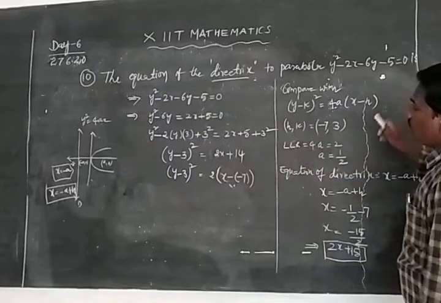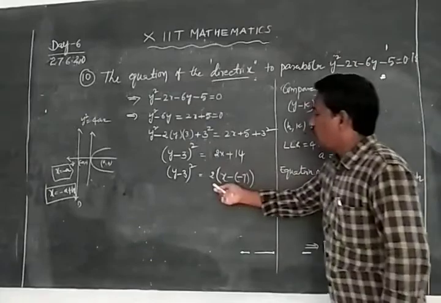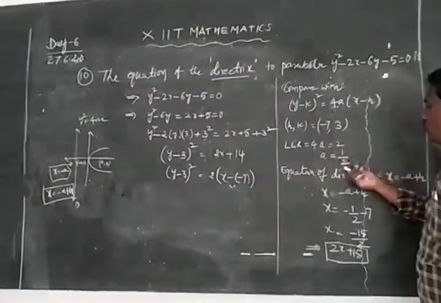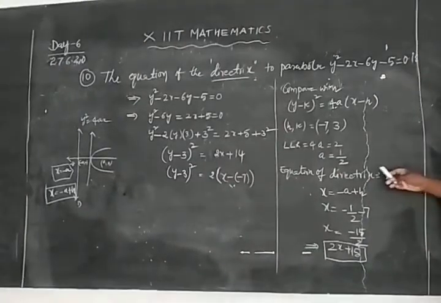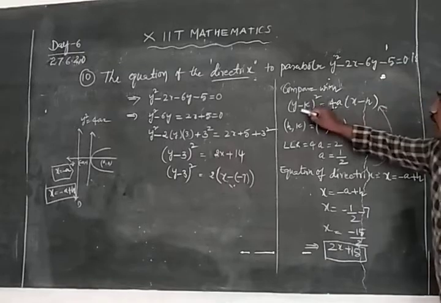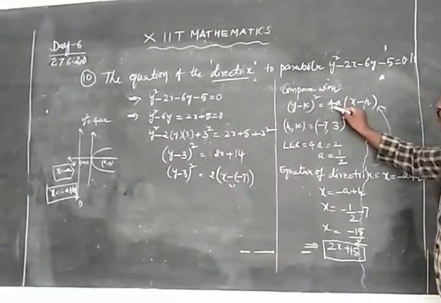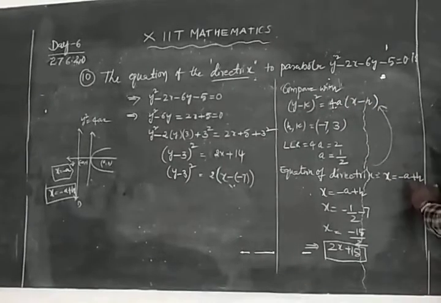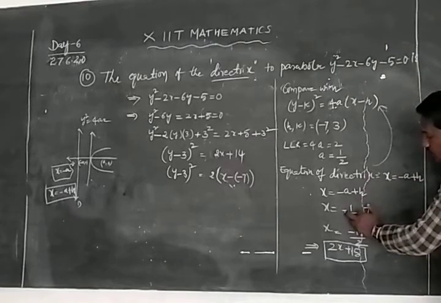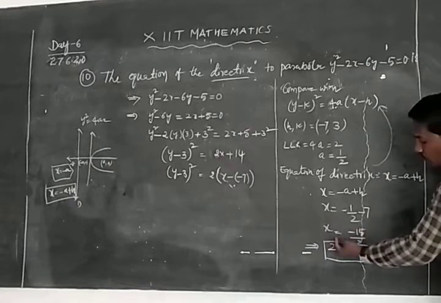LLR for any parabola equal to 4a. In the place of 4a, 2 is there. Then a equal to 1 by 2. Equation of the directrix for the form y minus k whole square equal to 4a into x minus h is x equal to minus a plus h. What is the a value? Minus 1 by 2 minus 7, so minus 15 by 2. So we got the equation.